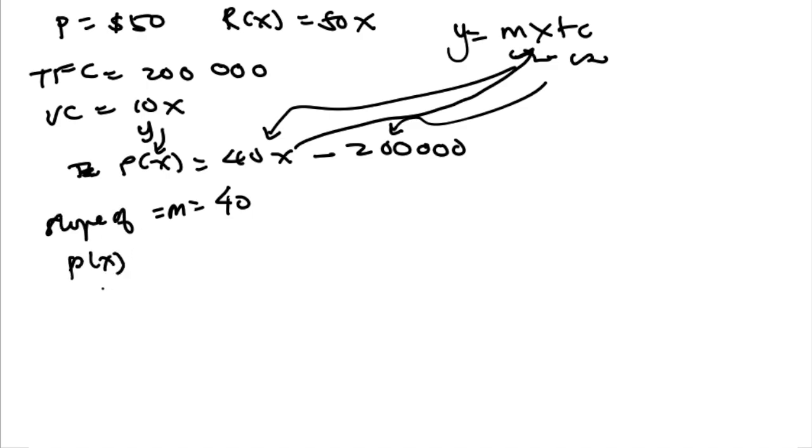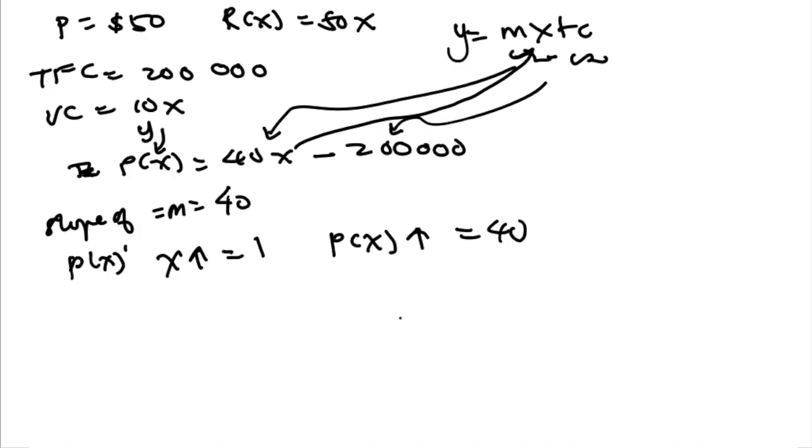In the study of economics, a slope of 40 means that if you increase x by 1, your profit will increase by 40. Additional profit will increase by 40. So what does this 40 mean in economics?